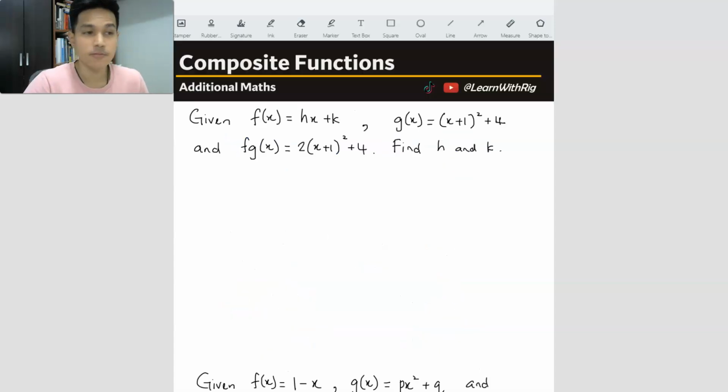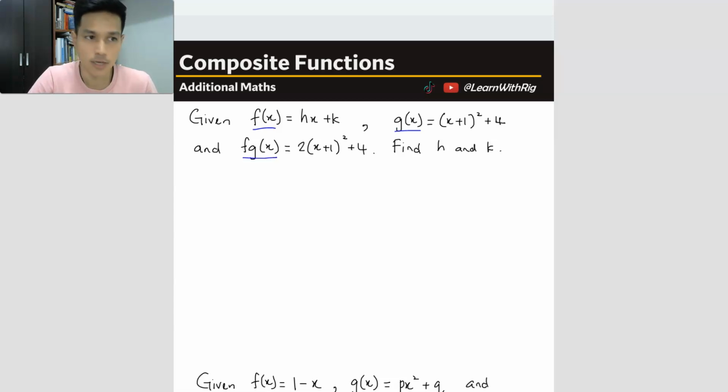Now the second type of question they can ask is similar to what we have learned previously in the inverse function video, where they ask you to do comparison. So you see this question here, you got fx, you got gx, and they also give you a composite function fgx, and then they ask you to find h and k. Where are the h and k? H and k are here.